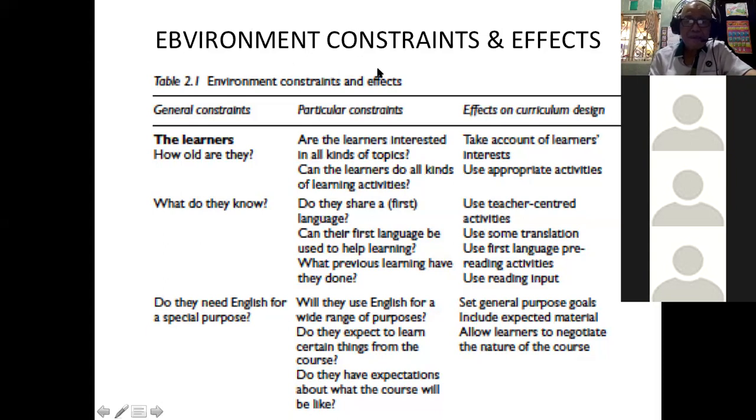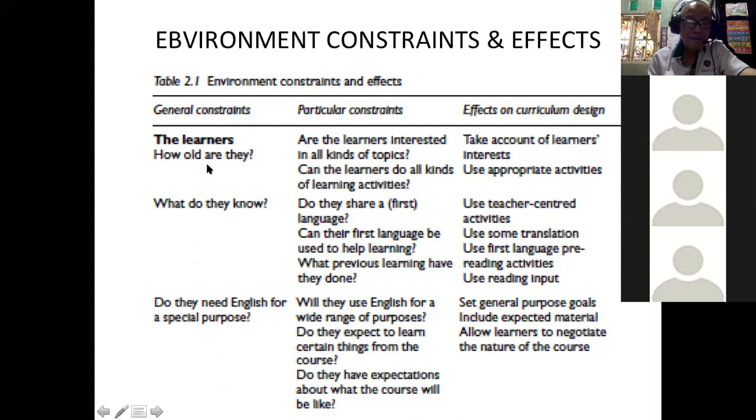So once again, the assignment will be on chapter 2, the environment analysis, specifically examine table 2.1. And then you choose from each of these factors at least two aspects.